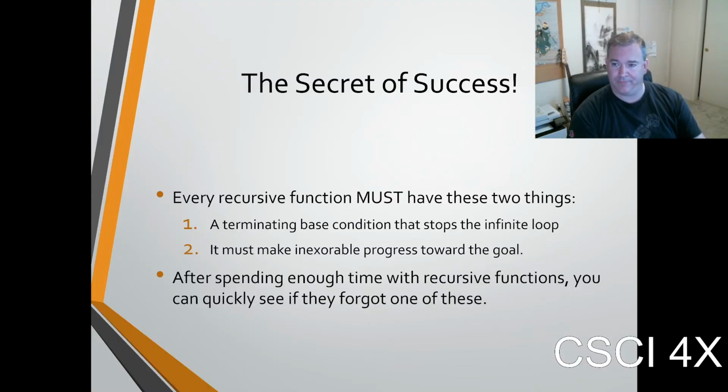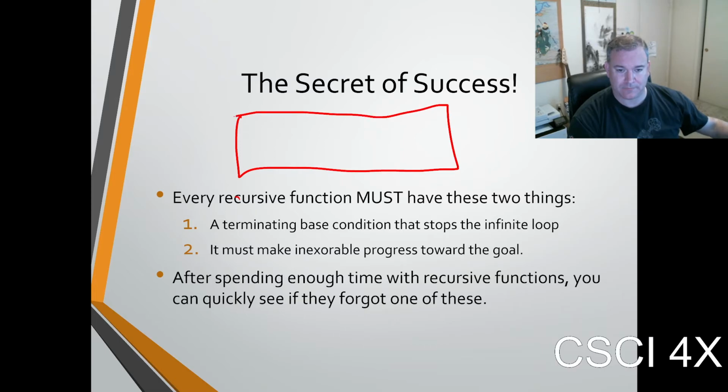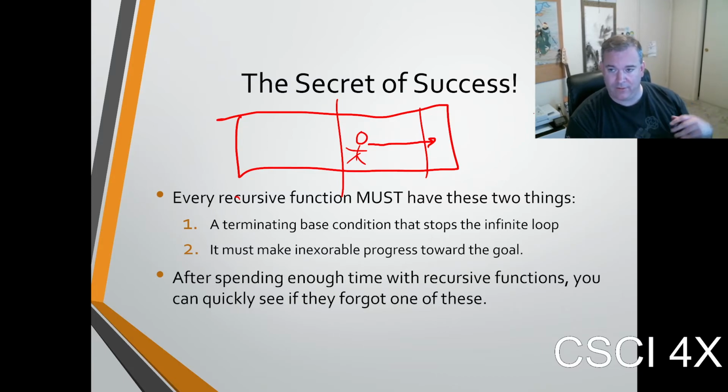So there's two things you need. One, there must be a way out. Two, you must always advance towards the finish line. So if you've got a football field here, you got the 50-yard line, you got an end zone. Think about it as the person must always run towards the end zone, and there must be an end zone. So the thing must stop when you get to the end zone. You don't want to be Forrest Gump.